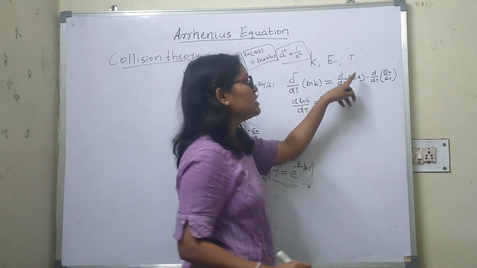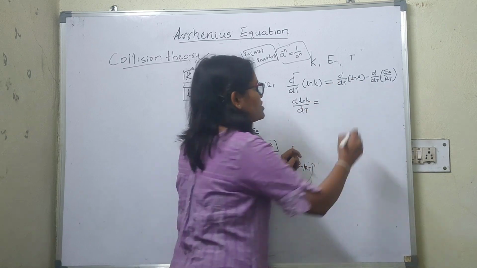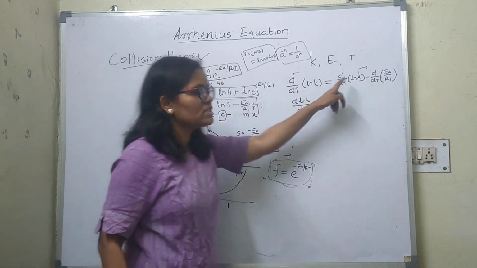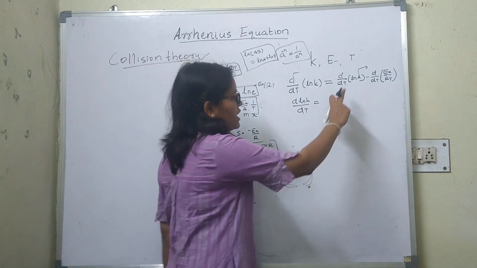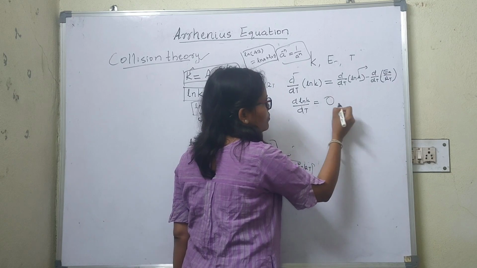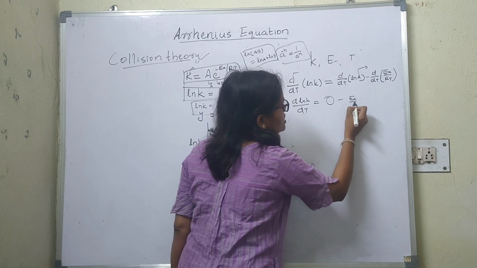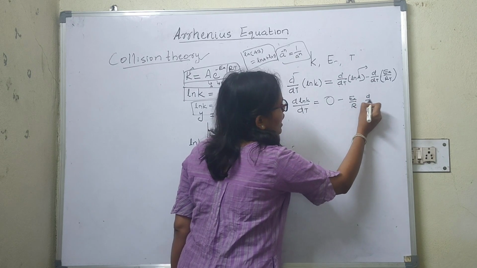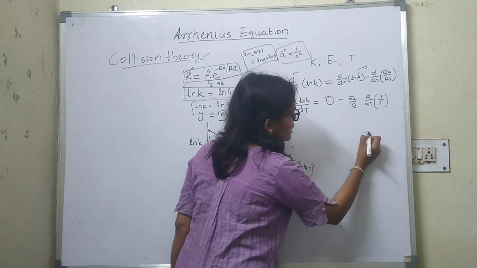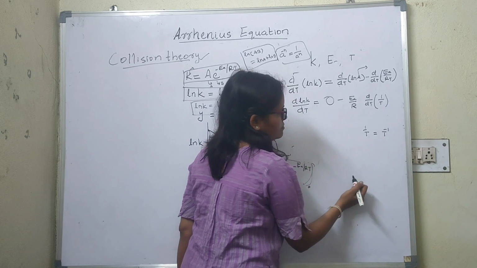Here we consider A as constant. Actually A is not a constant. Later they came to know that A is not a constant. But when this equation was given, A was considered to be a constant. So when A is considered to be a constant, differential of constant is 0. Now EA over R is a constant, so I can take it out and take differential of 1 over T. 1 by T can be written as T power minus 1.